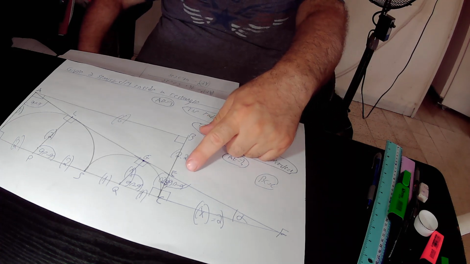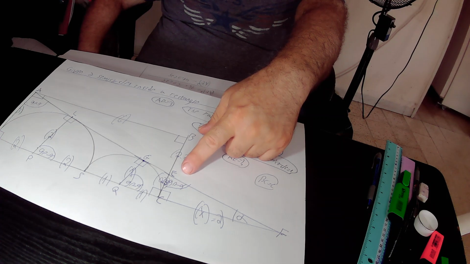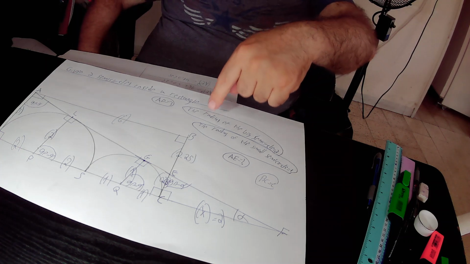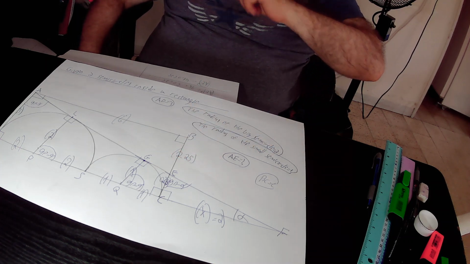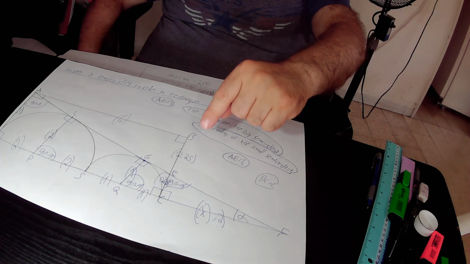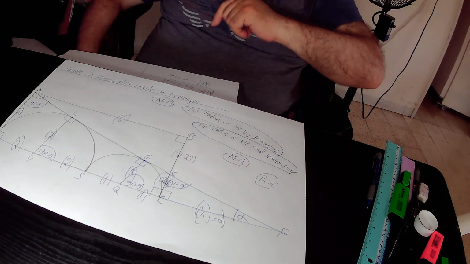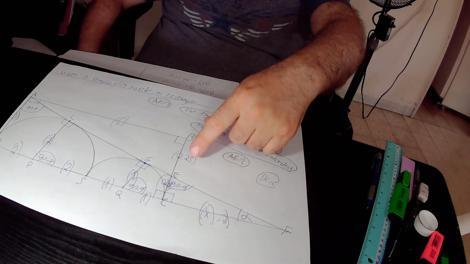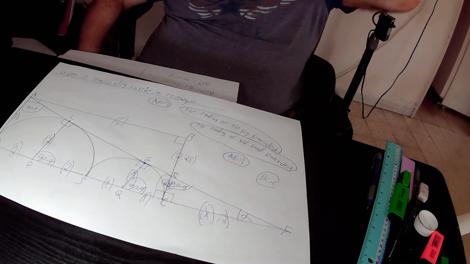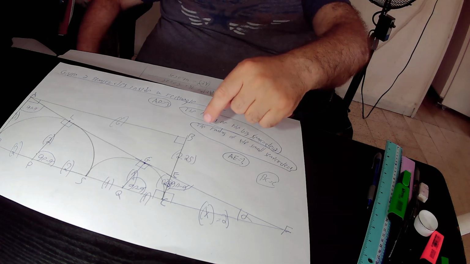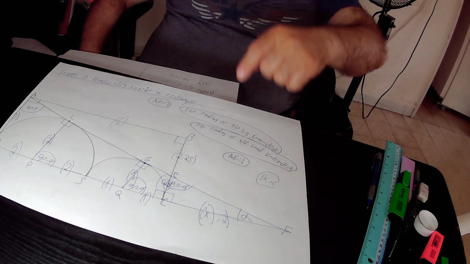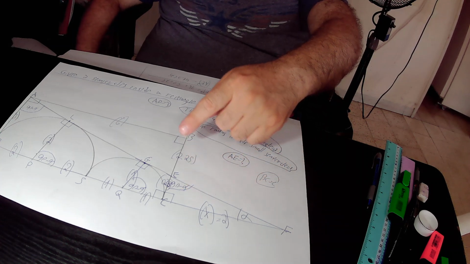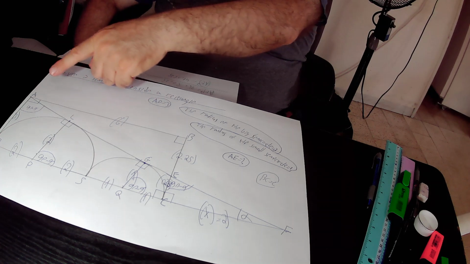So what is the length of the missing side BE? BE equals BC minus EC. BC is 3, because all the opposite sides of a rectangle are equal to each other.